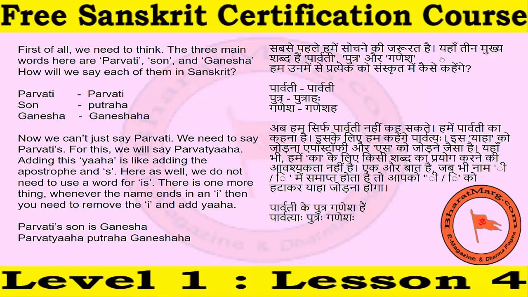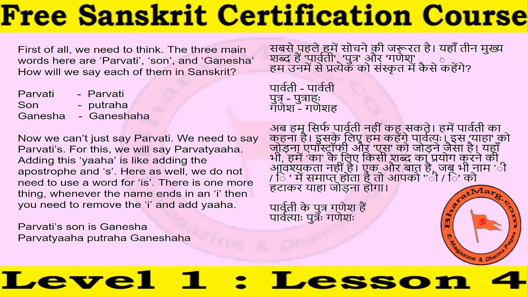So first of all here, Parvati's son is Ganesha. The I is dropped because the last letter of the name is I. So Parvatyaha Putraha Ganeshaha. Whereas in the last lesson we saw Shiva's son is Ganesha, and we said Shivasya Putraha Ganeshaha.